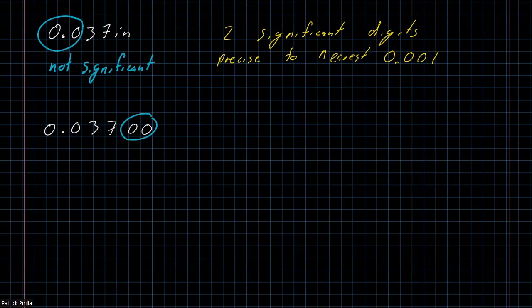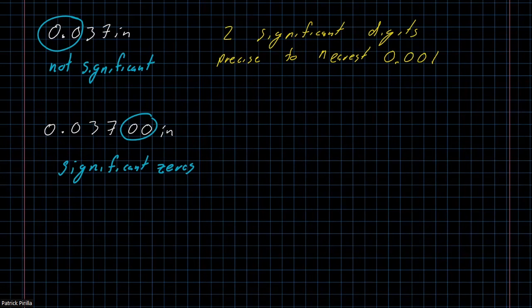0.037 and 0.03700 are the exact same value. But as a measurement, they are not. As a measurement, the significant digits convention tells us that when we put those zeros in at the end of the number that we did not need to, they must mean something. We are going to say that they mean that they are significant zeros.